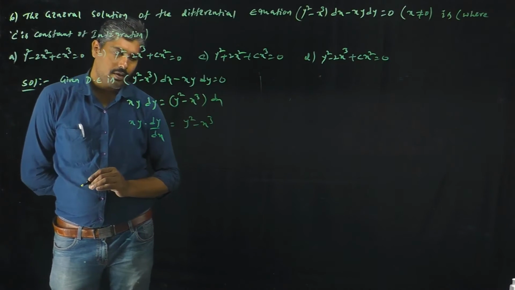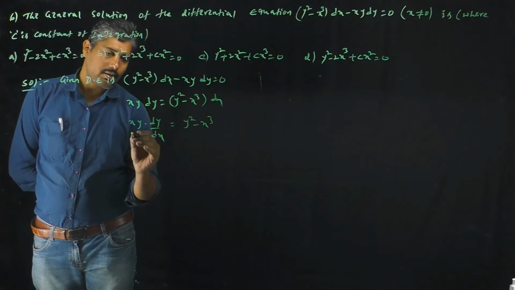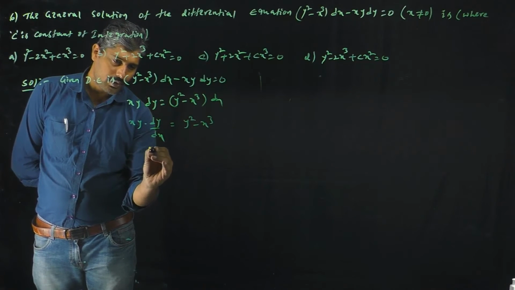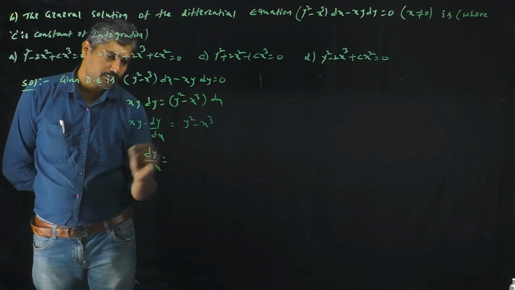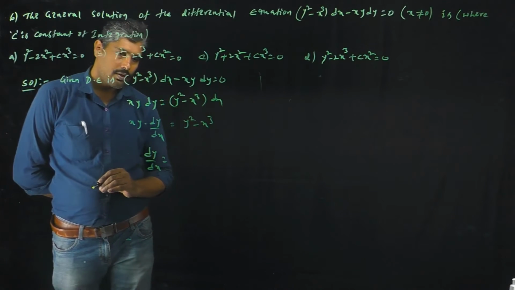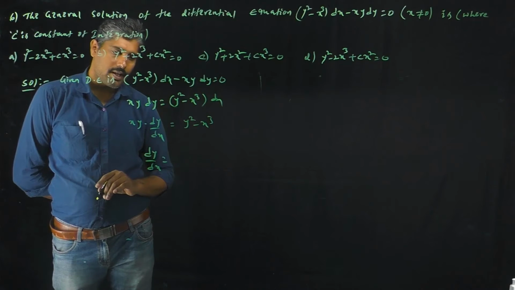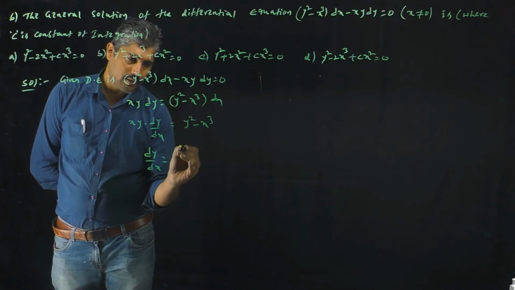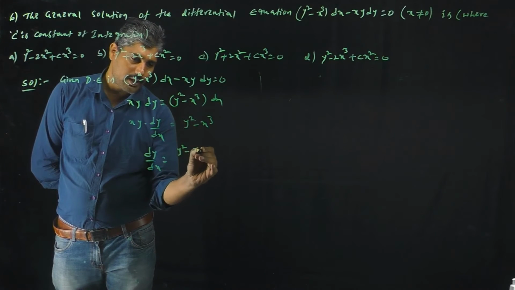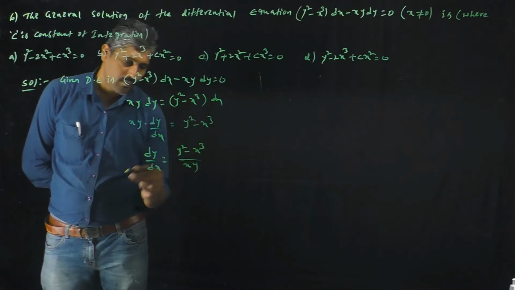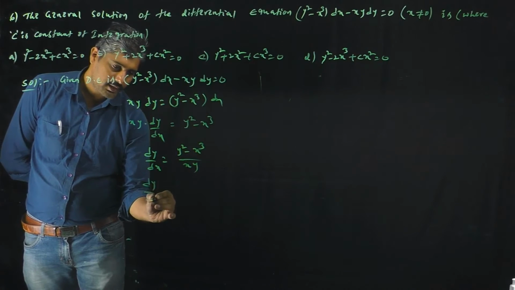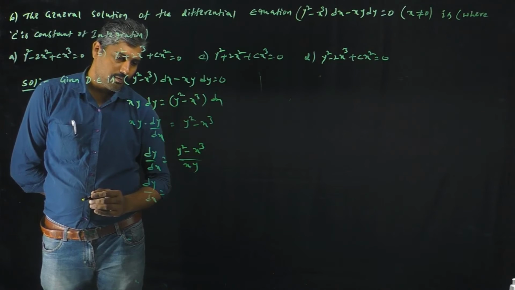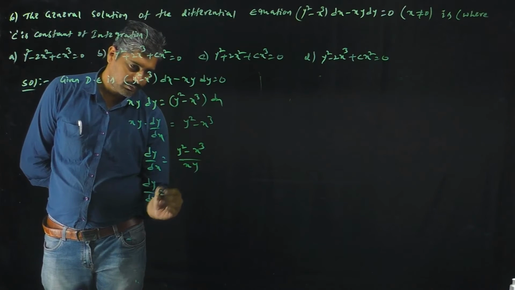Then dividing with xy on both sides, we get dy by dx equal to y square minus x cube by xy, where one y is cancelled.